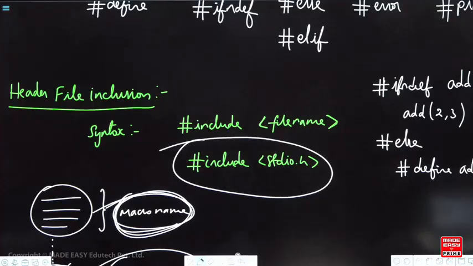I repeat, preprocessor removes all the hash include directives by including the files, called file inclusion. So wherever you write hash include some file name, at that place the code for that file will be included by removing the hash include statement. This is called file inclusion.